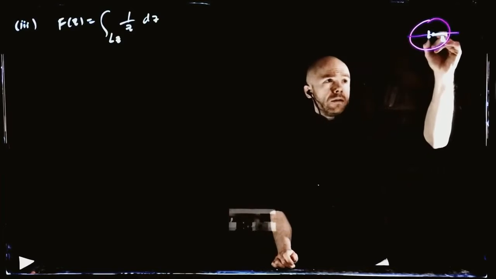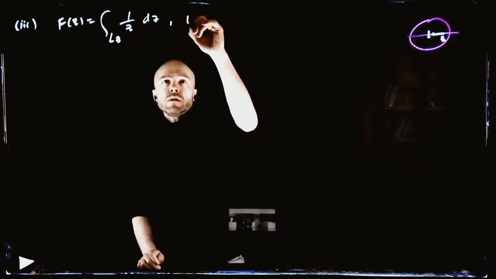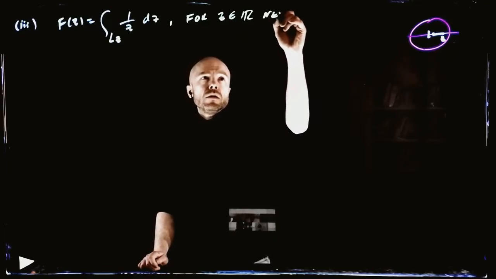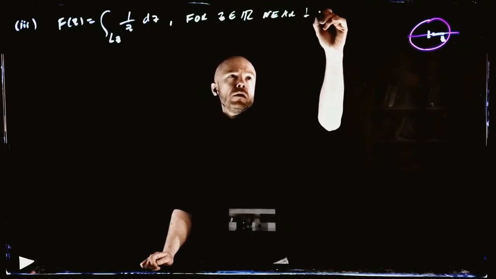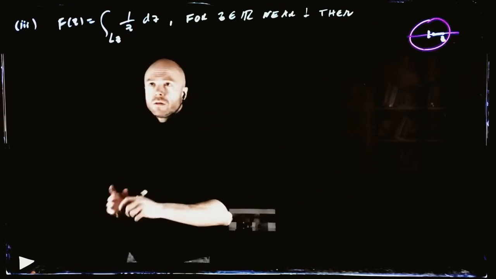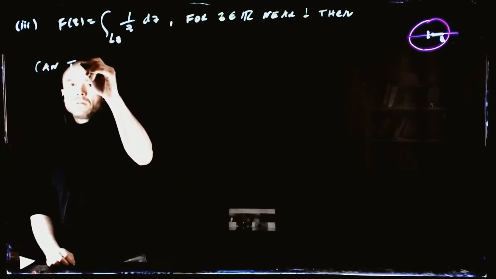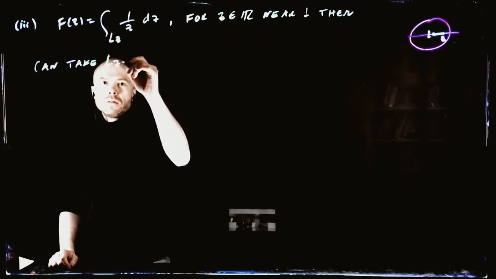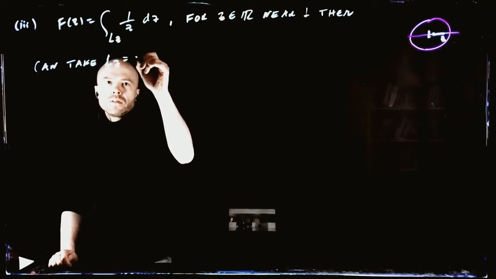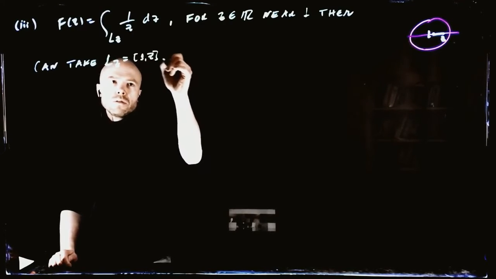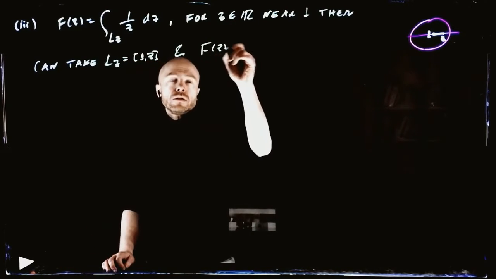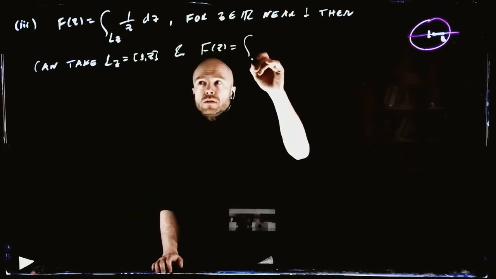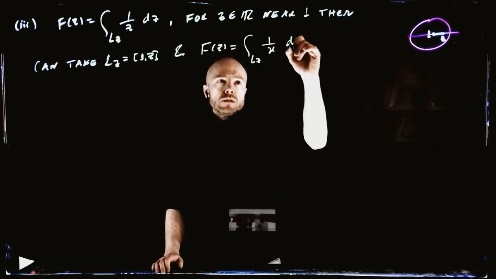So what's the consequence of that? F of z is exactly, this is exactly the definition of, let's write it like this, dx.